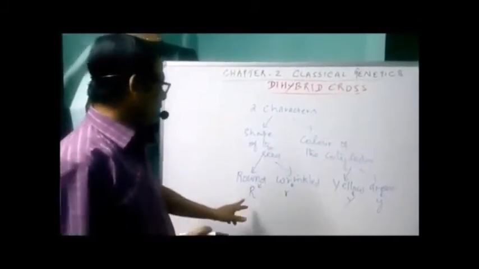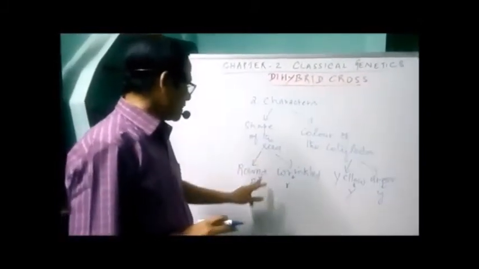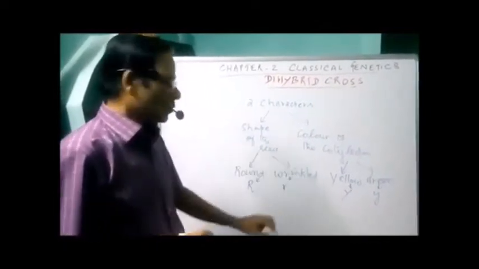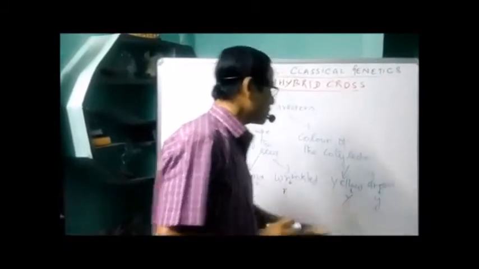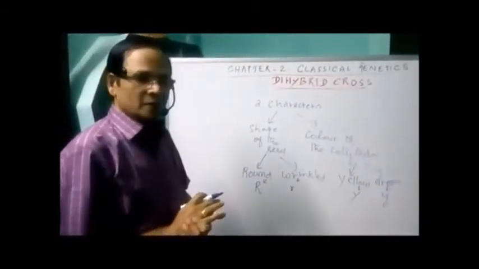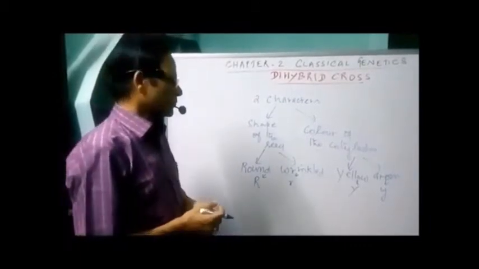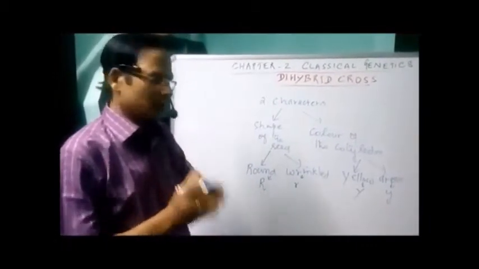Anyway, here we see that each gene has two alleles. The R gene has capital R and small r. The Y gene has capital Y and small y. So dihybrid inheritance is the inheritance of two separate genes, R and Y, and each gene has two alleles.